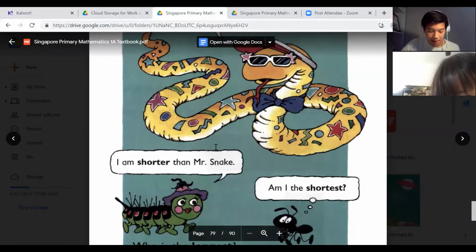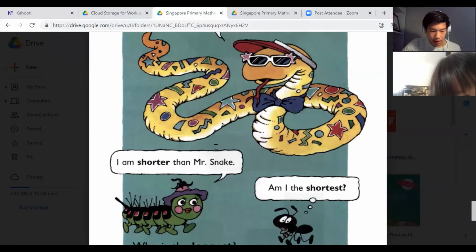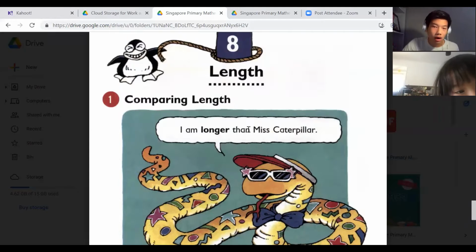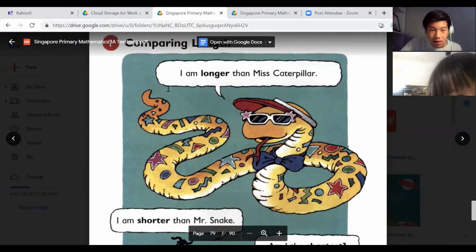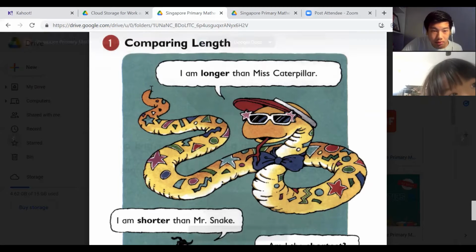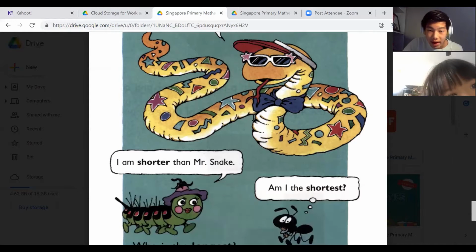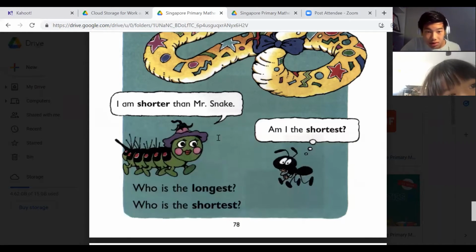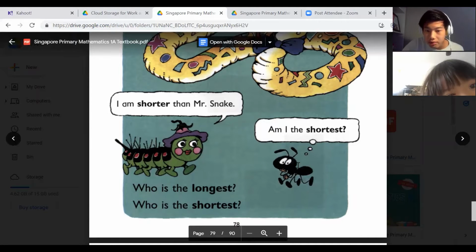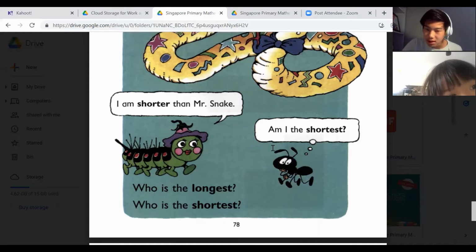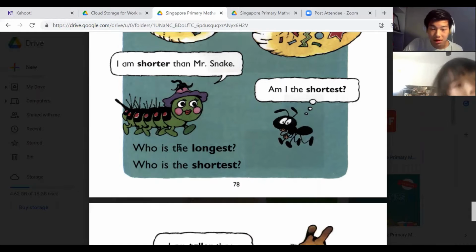And basically what length is, is how long something is. And so you can see the snake is pretty long. He goes from the tail all the way to the head compared to the caterpillar, which is much shorter. And then you have the ant, which is, of course, even shorter than the caterpillar.